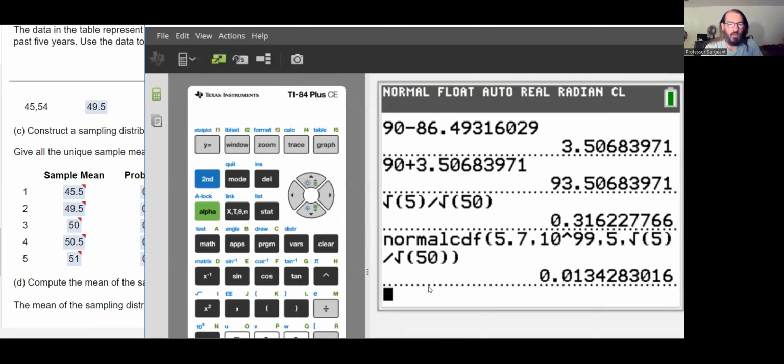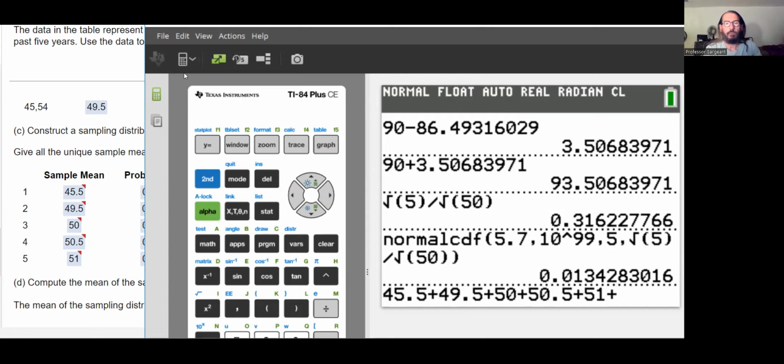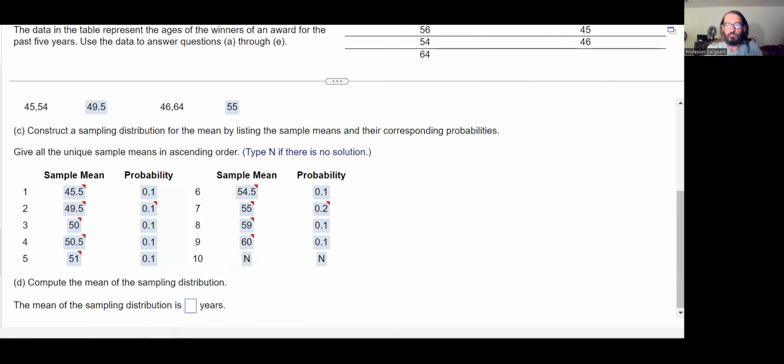then we've got 45.5 plus 49.5 plus 50 plus 50.5 plus 51, plus 54.5.